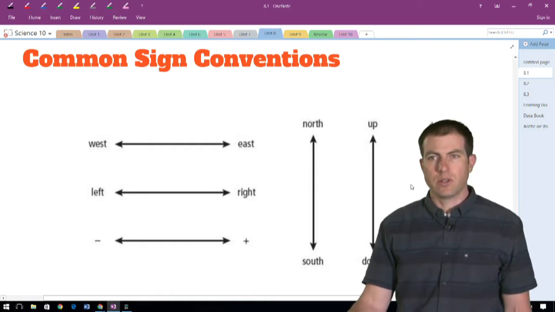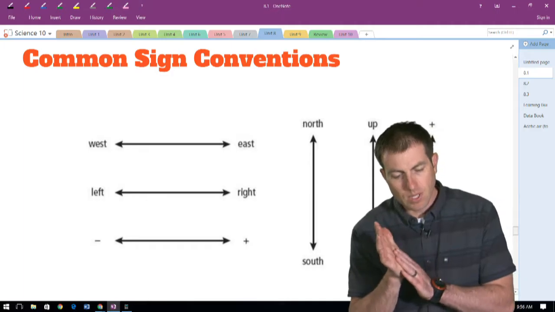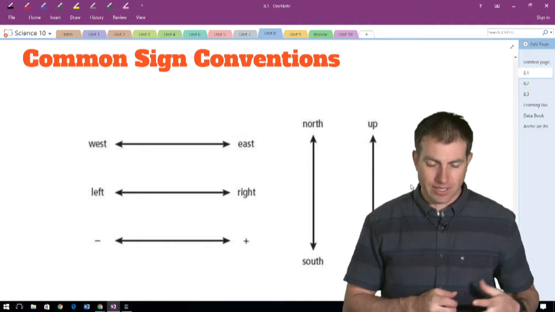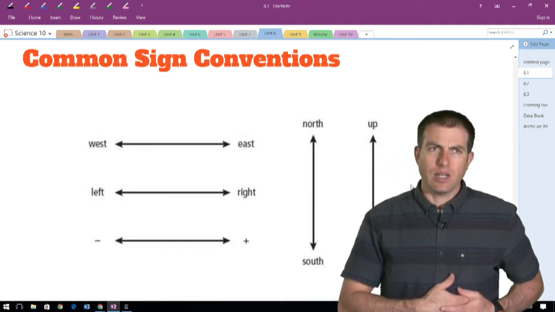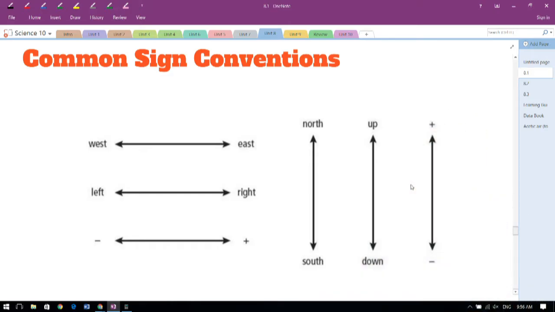So this would be worth just jotting down somewhere on your learning guide. These are what we call common sign conventions. Anything that's to the west or left is negative. Anything to the right or east is positive. Anything north or up is going to be positive, and anything south or down is going to be negative.